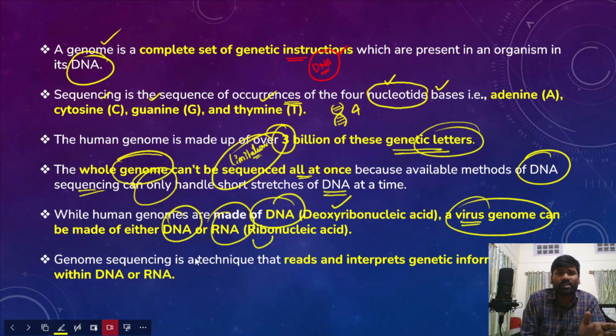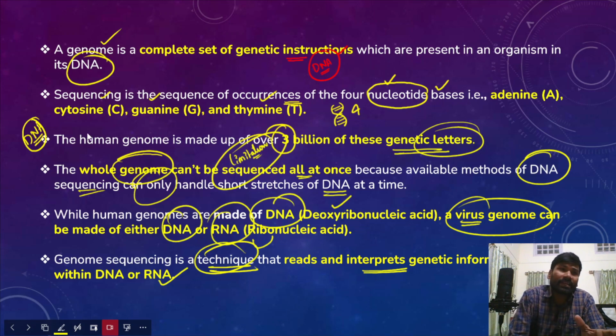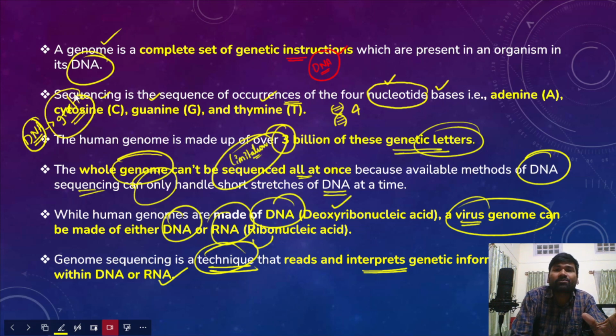RNA essentially means ribonucleic acid. Now, genome sequencing is a technique that reads and interprets the genetic information found in DNA and RNA. In human beings, the genome is DNA, and this DNA contains the genetic information, which is inherited from one generation to the next.